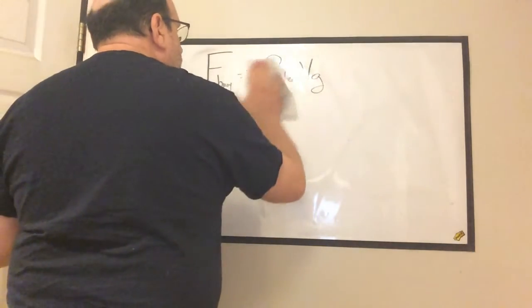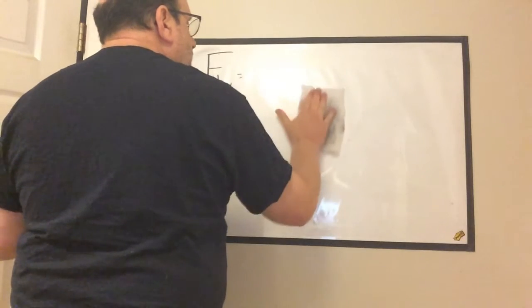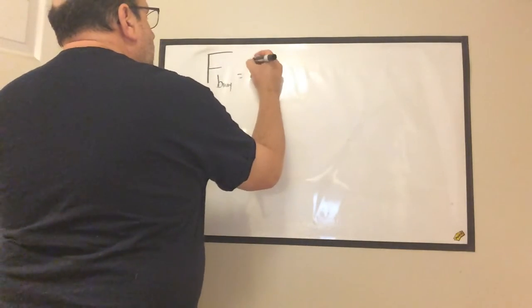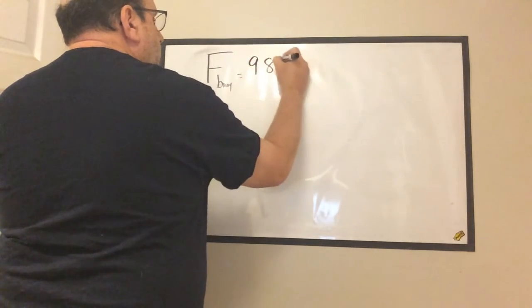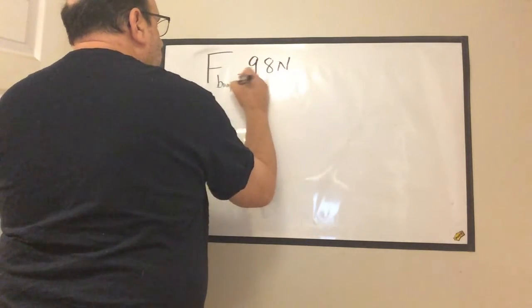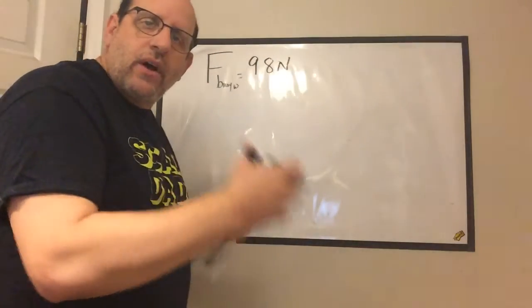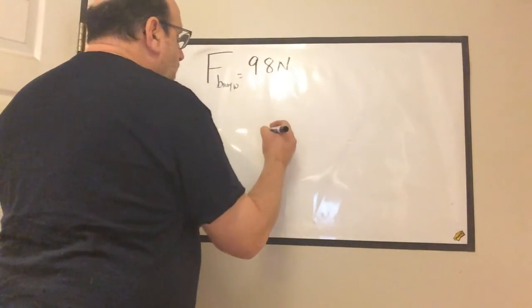Now we have the buoyant force of the water, right? And that is 9.8 newtons. That's the water. Now we want the force of the steel, so we're going to do the same thing.